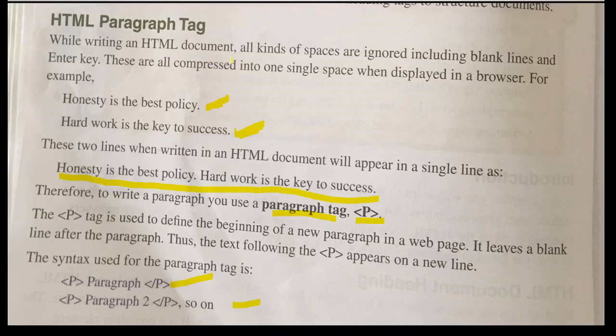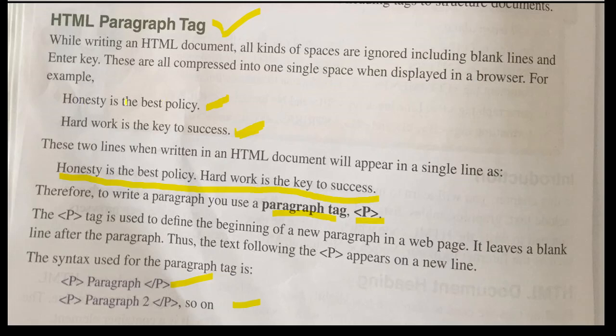Next is the HTML paragraph tag, the P tag. While writing an HTML document, all kinds of spaces are ignored, including blank lines and the enter key. These are all compressed into one single space when displayed in a browser.